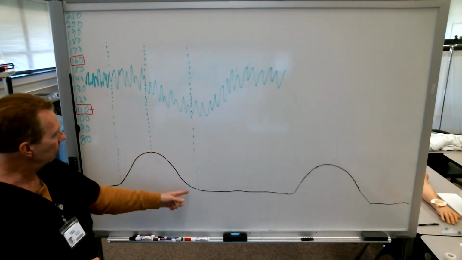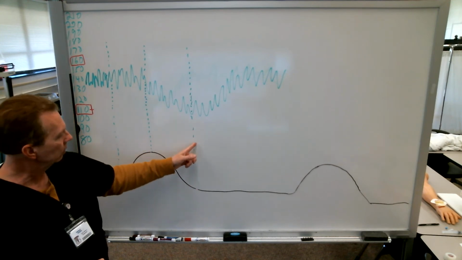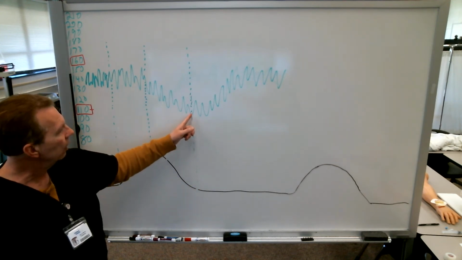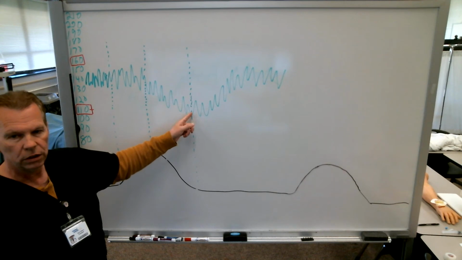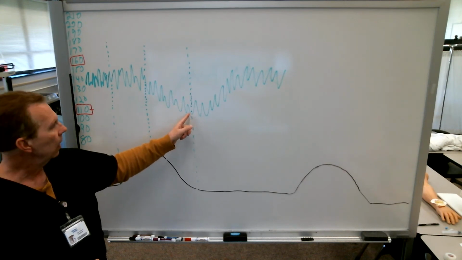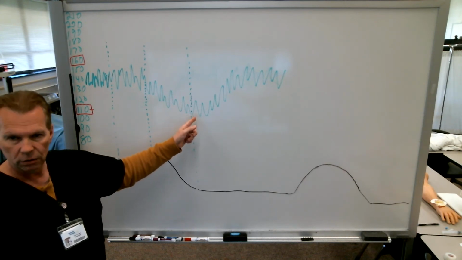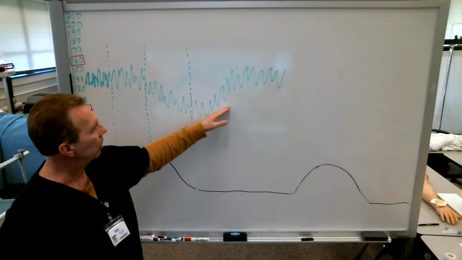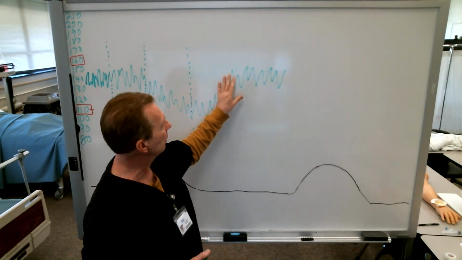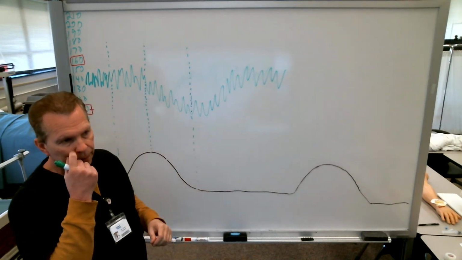Then when mom's contraction is over, the baby is just now reaching the nadir, or the lowest point of his deceleration. And then slowly the heart rate starts to come back up.